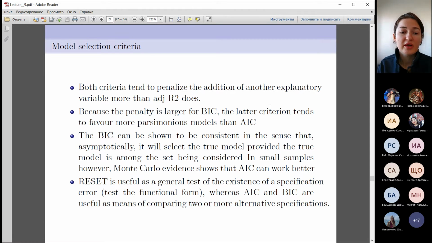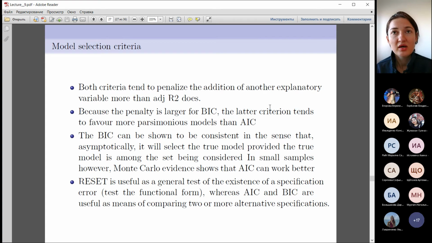So in the general case, you can add both these criteria in your output of regression. So for example, you know how to use the esttab command here when you combine all the regression results in one table. So in this command, you can also present the information about the number of observations in your models.